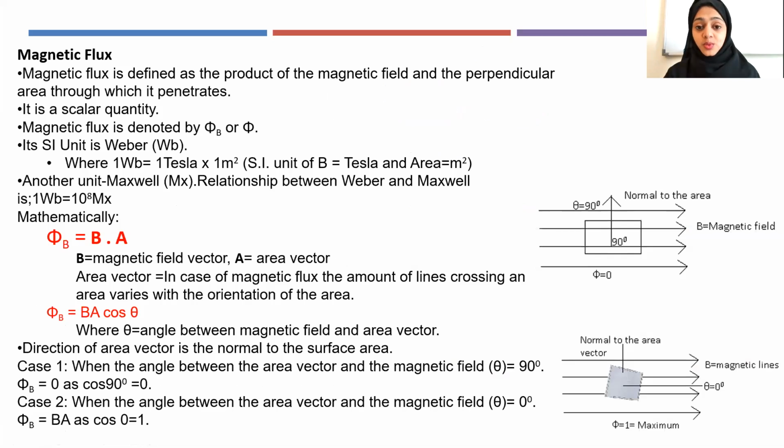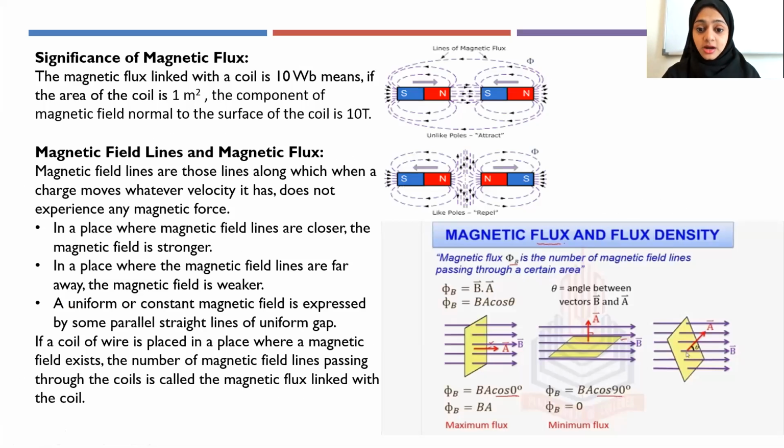In the form of a formula, you can remember phi is equal to AB cos theta, where theta is the angle between the magnetic field and the area vector. If theta is equal to 0, cos 0 is 1, the flux will be maximum. If theta is equal to 90 degrees, cos 90 is 0, so the flux will be minimum, 0.